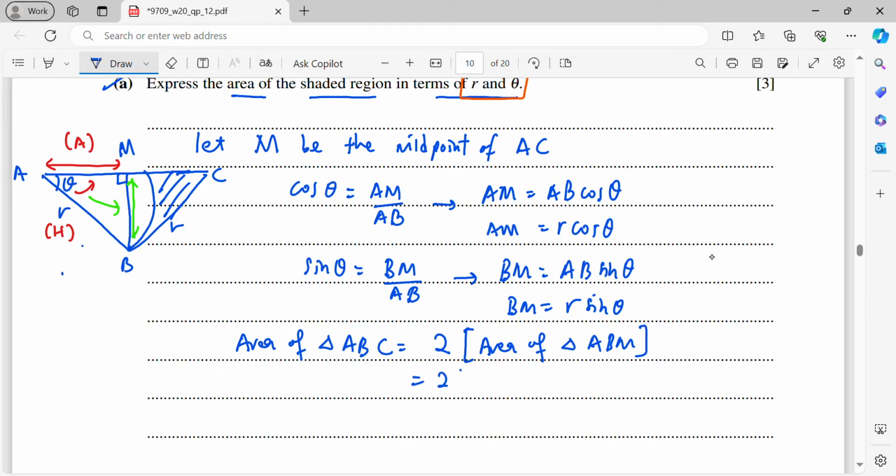That means it's double of half. Now, I know the AM, therefore from here I can find my AC. So my AC is 2AM, which is 2R cos theta. So I will write AC times BM. That is my area of the triangle ABM.